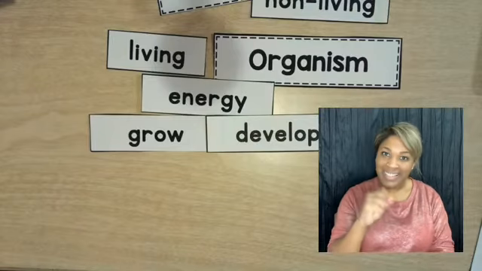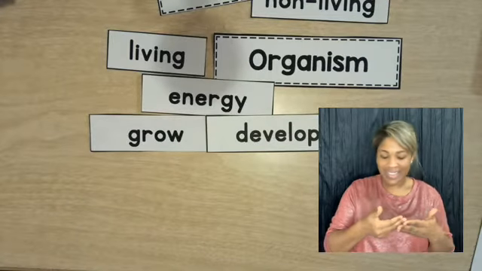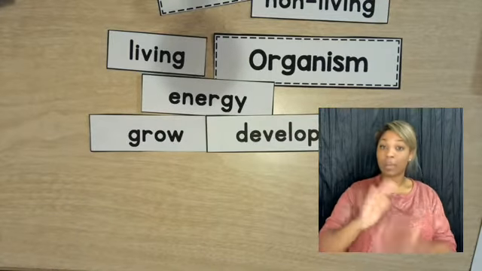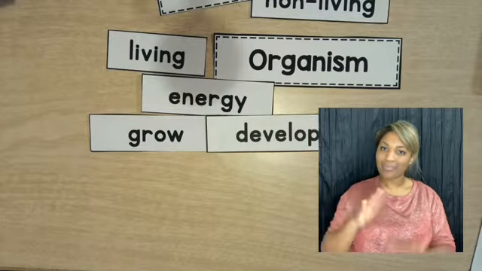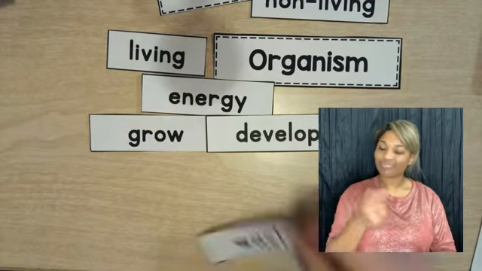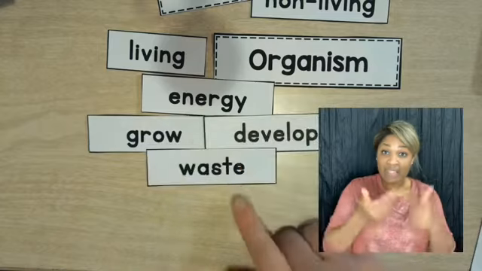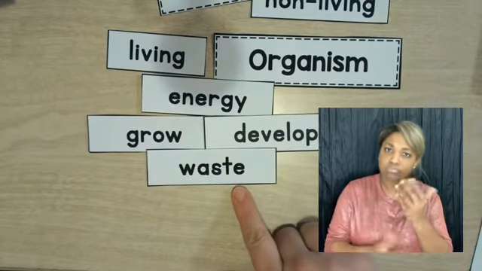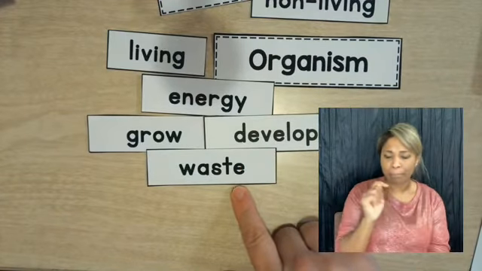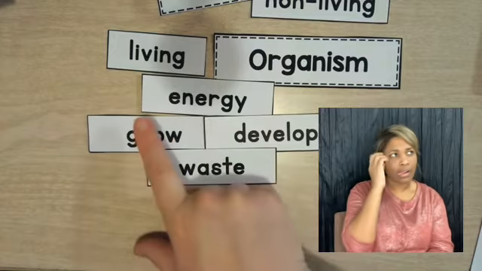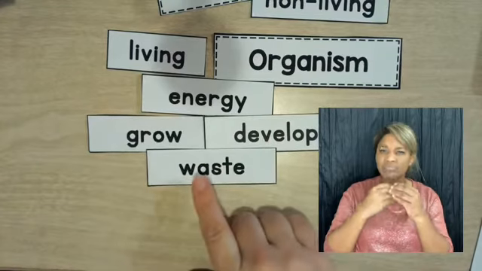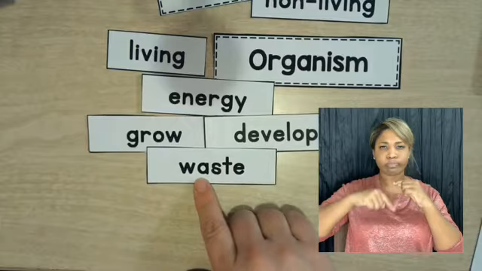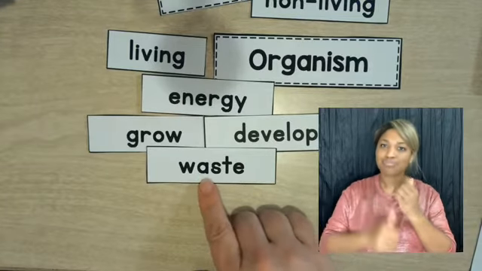Yes, they were babies, and then they grow up, and then they become adults. They become older. Living things get rid of waste. That means that they go to the bathroom. You got to think, if they're eating to get energy, then the food goes through them, and that is called waste.